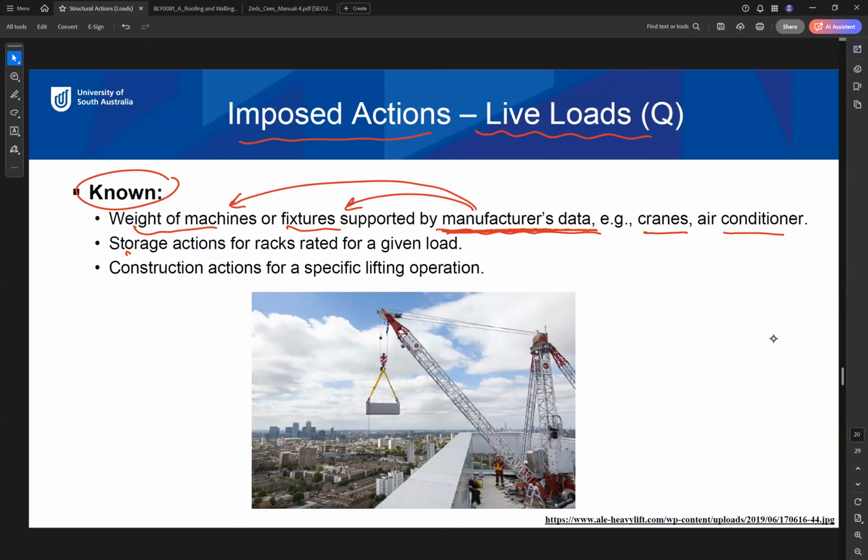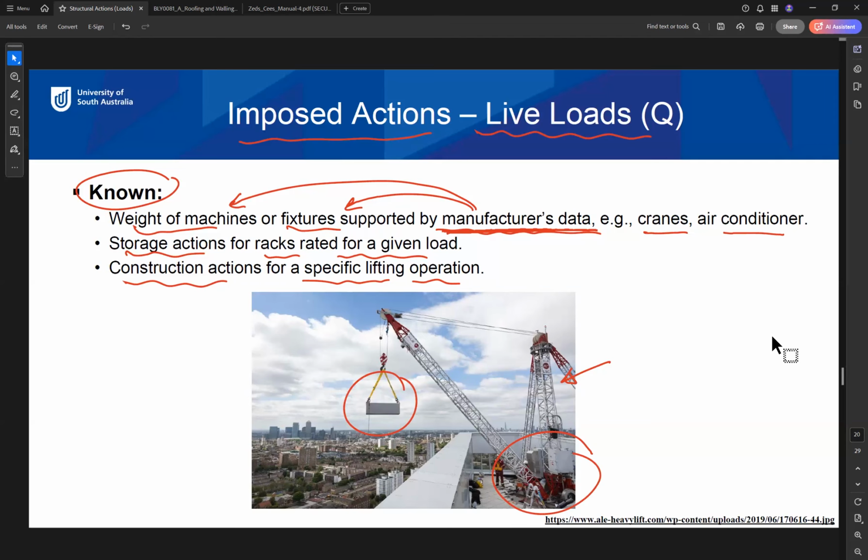Also some storage actions for racks rated for a given load. For the racks or the shelves, we can know the weight. Construction actions for a specific lifting operation, similar to here: the weight of this crane is known for us, and also the weight lifted by the crane is known for us.